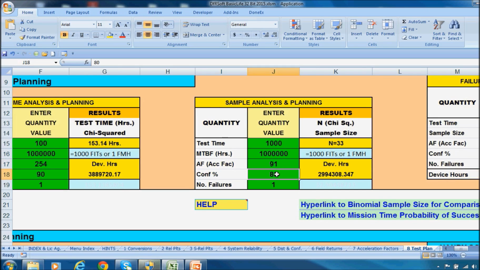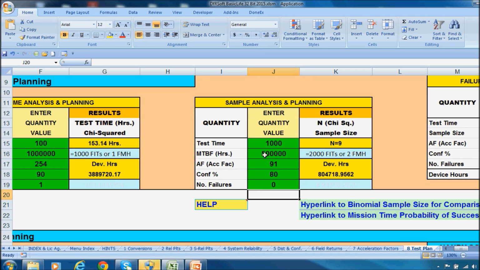Our confidence level is 80%. We'll say we planned for 1,000 hours. Recall that's what we're going to use. Now we need a test objective. Let's say we want 500,000 hours. So that tells us that if we plan for one failure, we need a sample size of 16. If we were just planning for zero-failure testing, we would want 9.